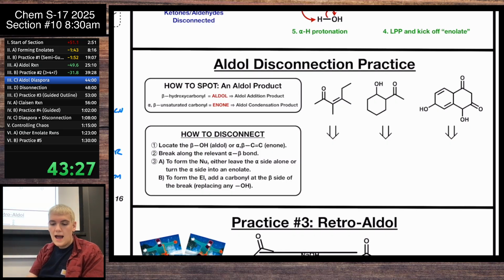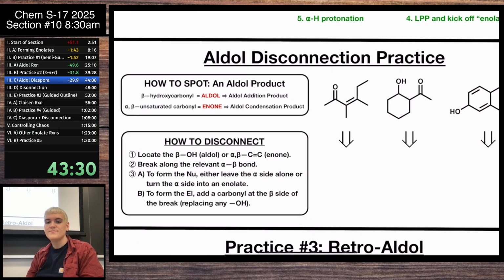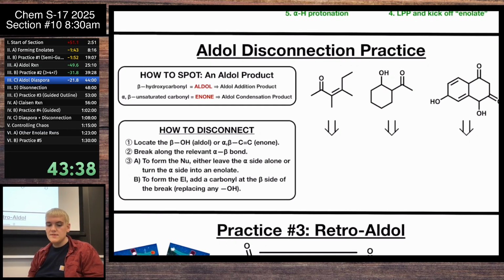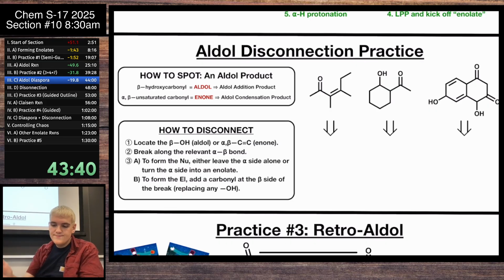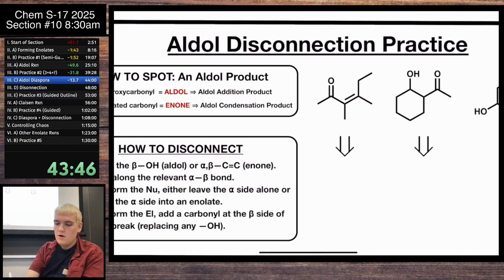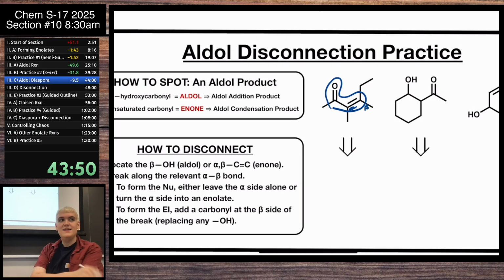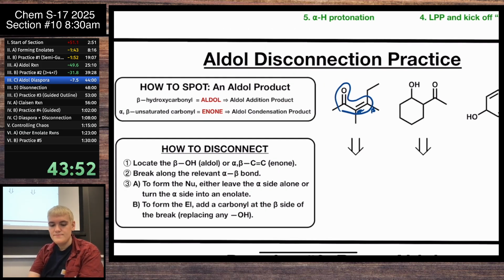So, how to spot an aldol. You are looking either for the beta hydroxy to a carbonyl, or you're looking for an enone. Let's do it together. So, in our first molecule, we see our enone. We see our alpha and beta position of our alpha beta unsaturated carbonyl.